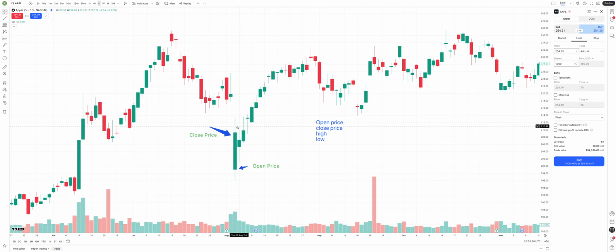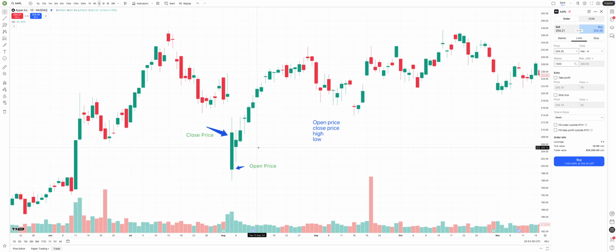Okay. And then we also have these extensions from the body. We have one on the top and one on the bottom. Now, these are optional, but they represent the high and the low.